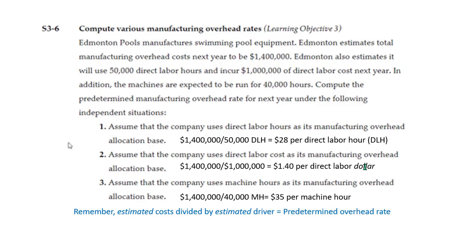Every time we've got $1 of direct labor, we've got $1.40 of overhead. Finally, if they use machine hours as the allocation base, that's $1.4 million divided by 40,000 machine hours, which is $35 per machine hour. The last thing, just remember that it's estimated costs divided by an estimated driver that gives you your predetermined overhead rate, but we allocate it based on actual hours.